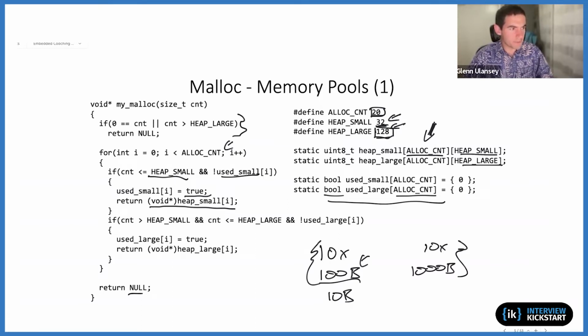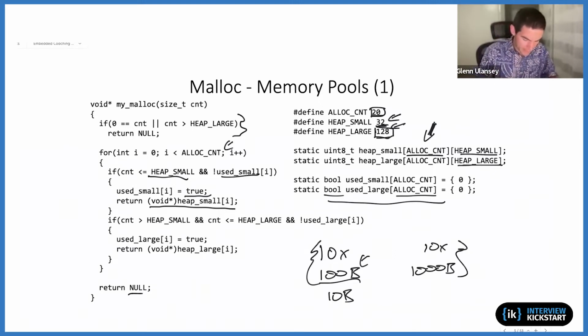So rather than having this be a Boolean array, what might be better is for it to instead be a bitmap of some kind, such that each bit in that bitmap corresponds to a particular entry in our pool. So that's one thing that jumps out to me as being suboptimal about this.